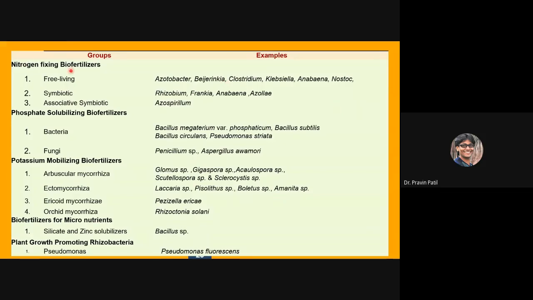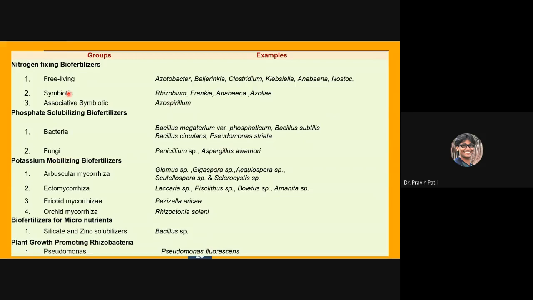When we are looking at nitrogen fixing bacteria biofertilizers, there are free living, symbiotic, and associated symbiotic types. Free living microbes don't care whether they are getting something in return or not. They are doing their regular metabolism and producing something which is helpful to the plant. Symbiotic association is where both get benefits from each other.